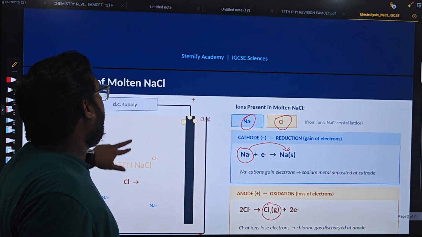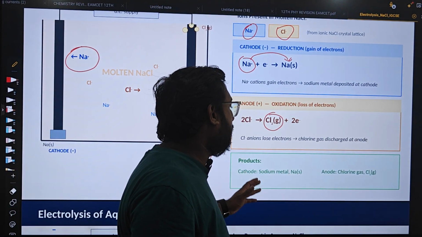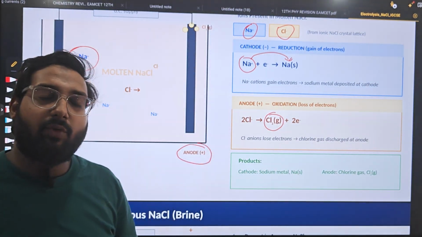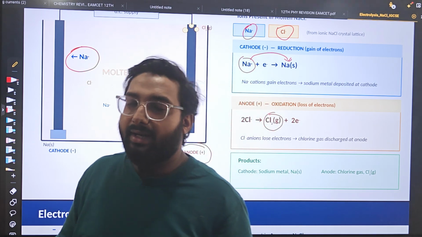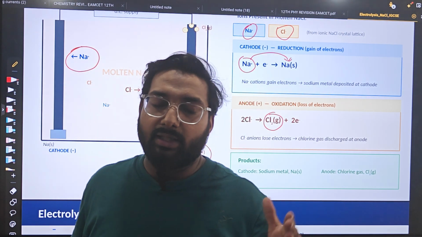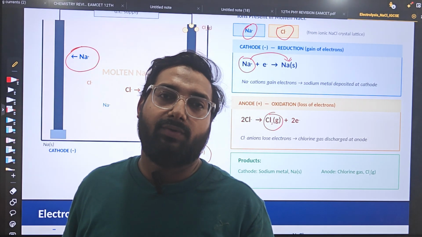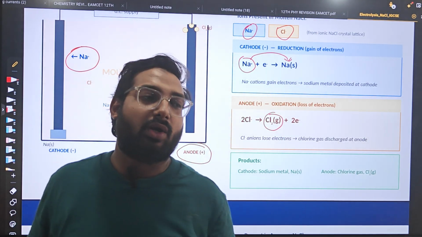Now during electrolysis of molten NaCl, the products are sodium metal at the cathode and chlorine gas at the anode. So we have to understand this very carefully: in the question given, what solution is it, what electrolyte is it?